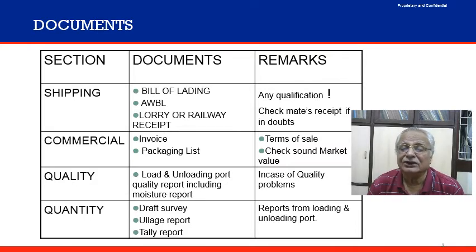Then there is a lorry or railway receipt, or there could be a courier docket. This is issued by inland transportation. Many times what happens is that the clearing agent is clearing a consignment from the docks, the distance is very small, so instead of issuing a lorry receipt, he says the consignment is delivered on the clearing agent's challan.